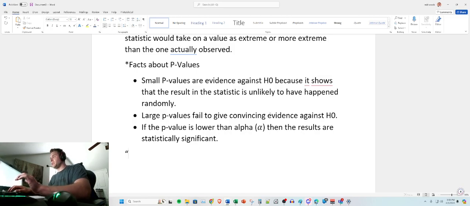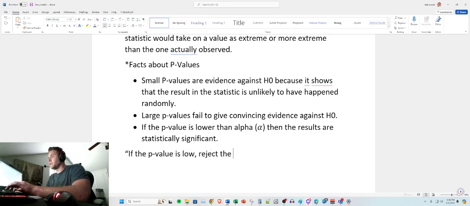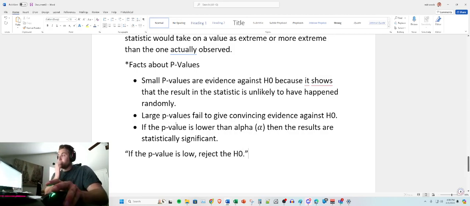But here is the saying that you can use to help remember this. If the p-value is low, reject the H-naught. I remember this is something that my stats teacher in college taught me, and I can never forget it.